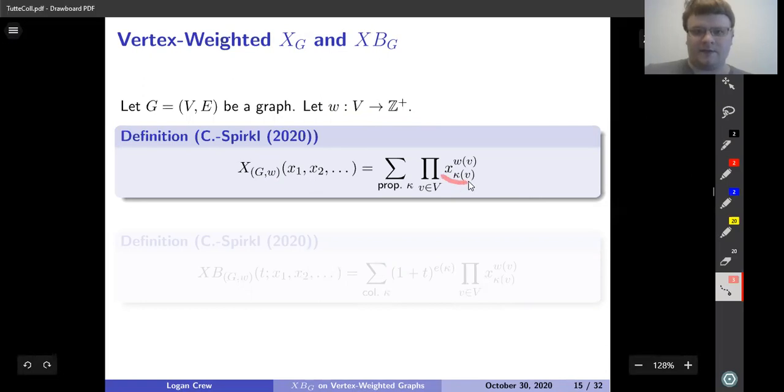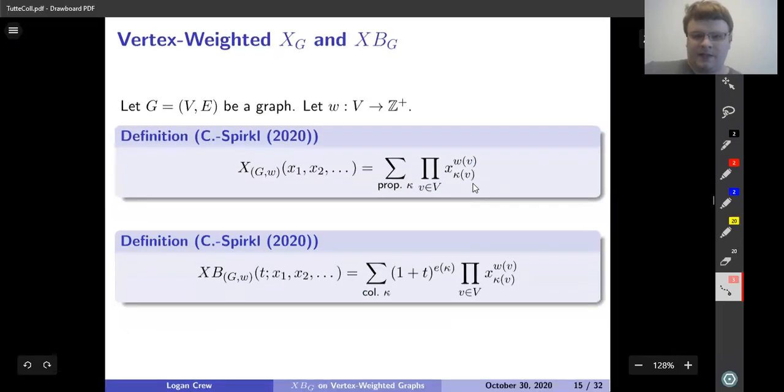For each vertex, if it's colored 2, it contributes an x2 once for every amount of its weight. So if x2 to the 5th is occurring in our term, that means that the color 2 is possibly assigned to 5 vertices of weight 1, or 1 vertex of weight 5, or 2 vertices of weight 2 and 1 of weight 1. Now it's telling us this total weight. And the same thing, of course, with xb. We just replace each instance of x kappa v with x kappa v to the weight.